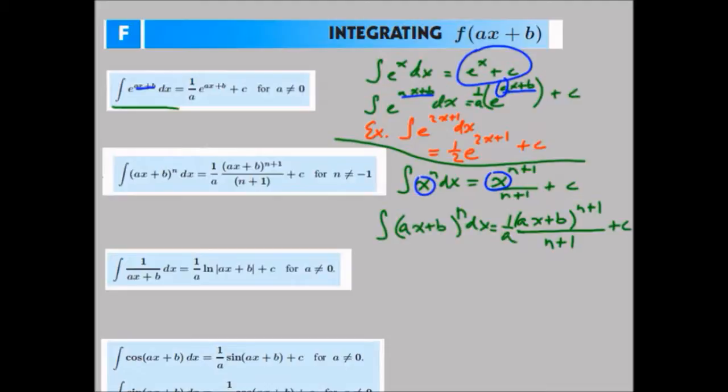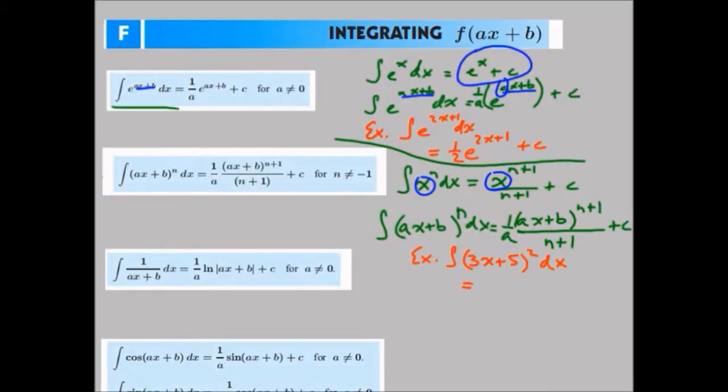So for example, we could have the integral of 3x plus 5 to the power of 2 dx. Now we said last time that we don't have a product rule, so we would need to multiply that out.